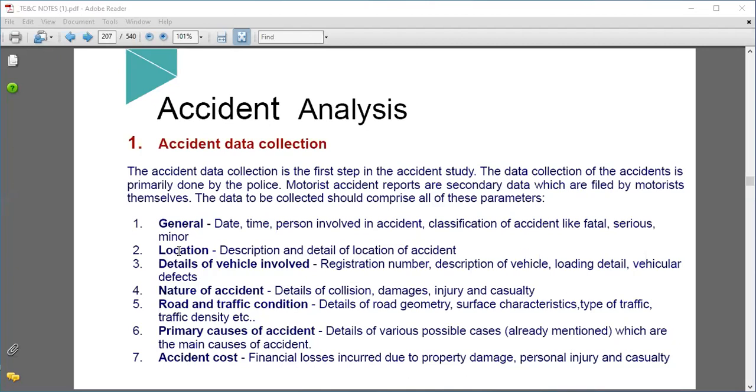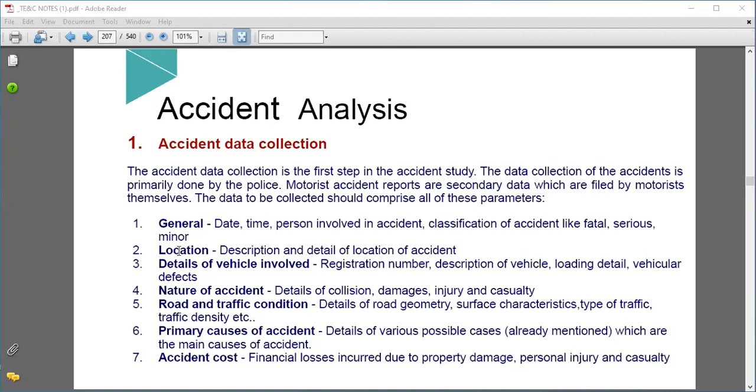So you can see here the different data collection. The first point is the general information. What is the general information? In that general information you can understand the date.